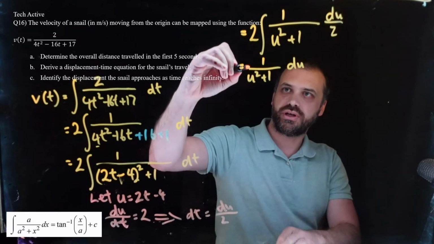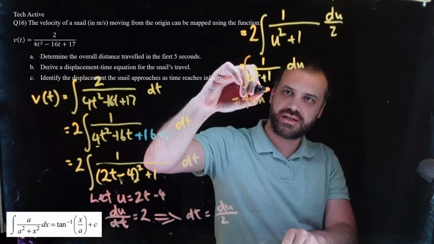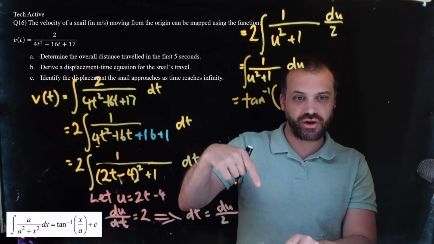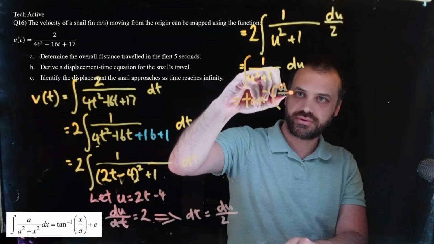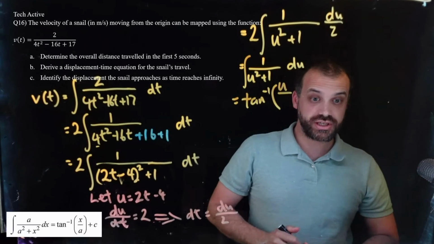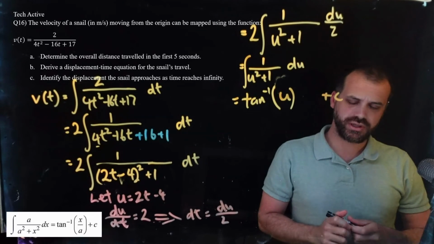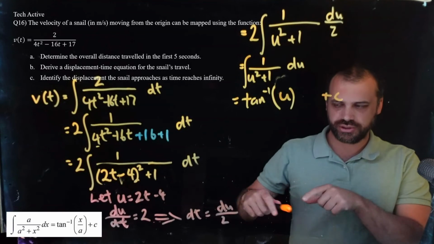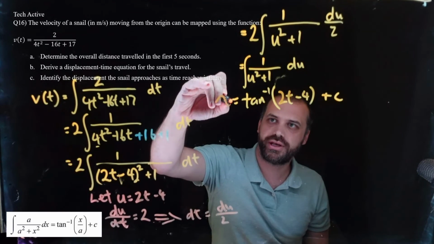So the integral of that is equal to inverse tan of x over a, where x is u and a is 1. So inverse tan u plus c, of course. Now u is 2t minus 4. Now we've done a pretty good job.